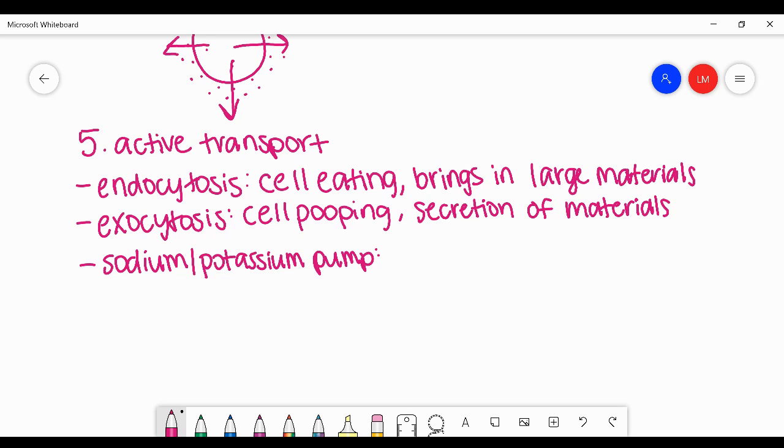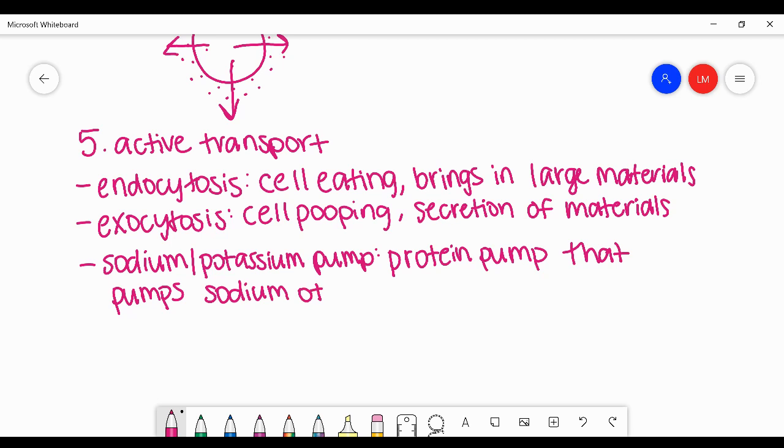So the sodium potassium pump is a protein pump that pumps sodium out of the cell and potassium in using energy.